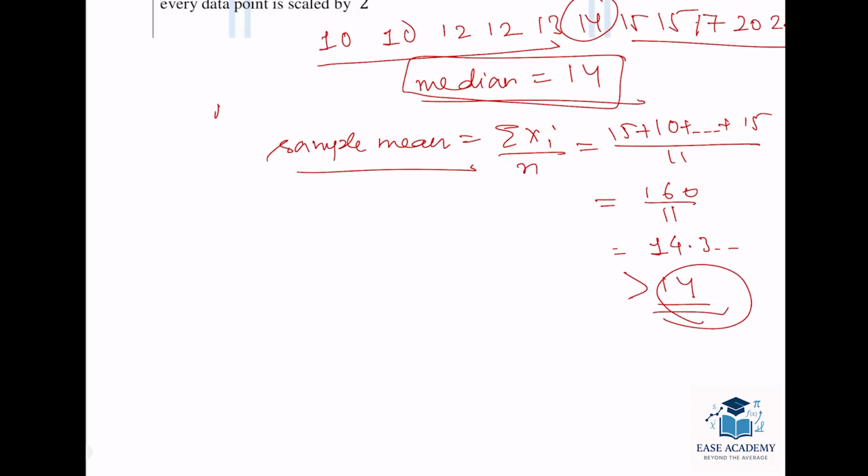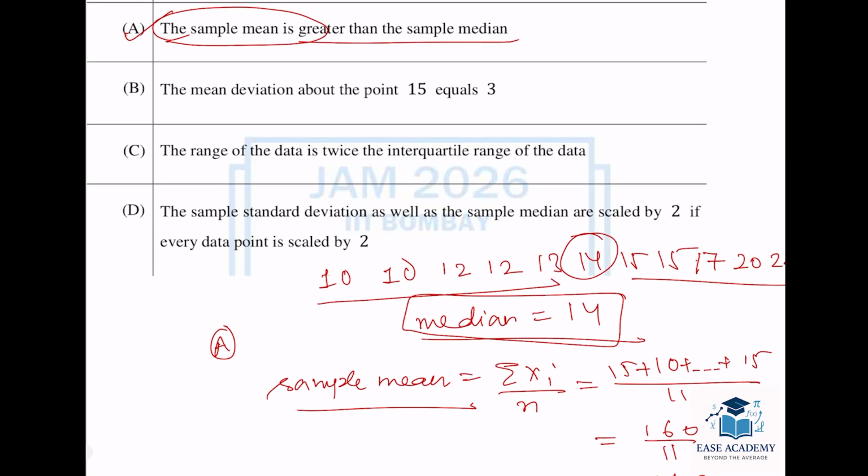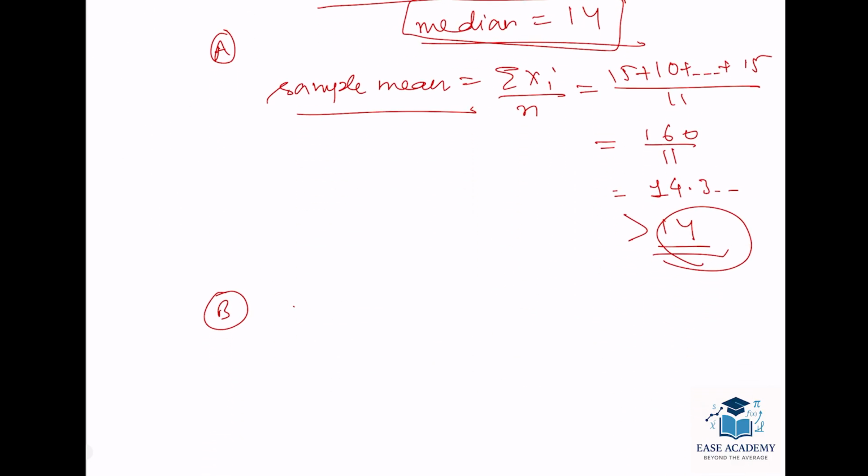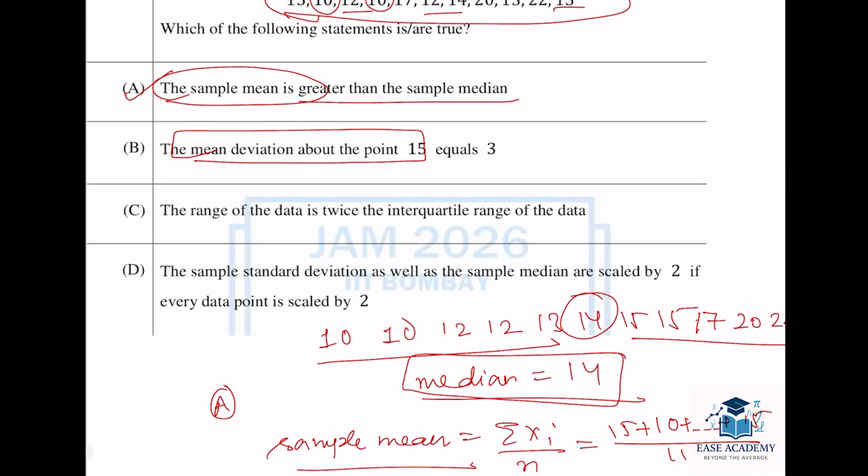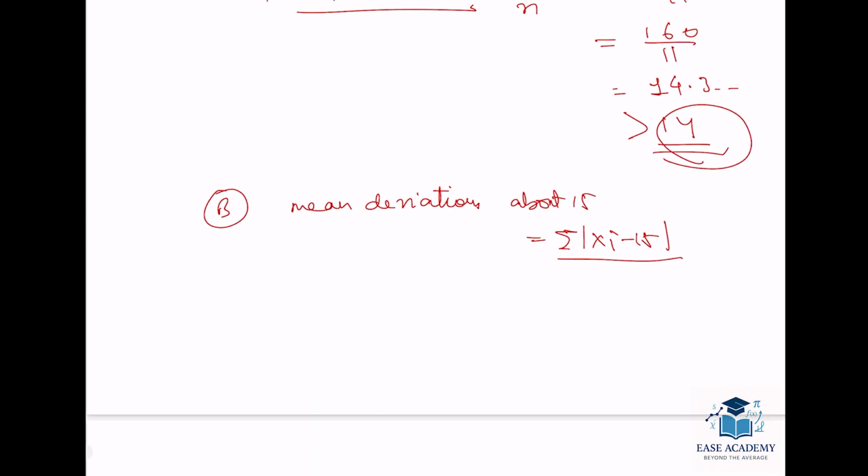Now let us check the second option, which is the mean deviation about the point 15. So what is mean deviation? Mean deviation about any point, that is given as 15, is basically summation of mod xi minus 15 divided by the number of observations, which is 11.